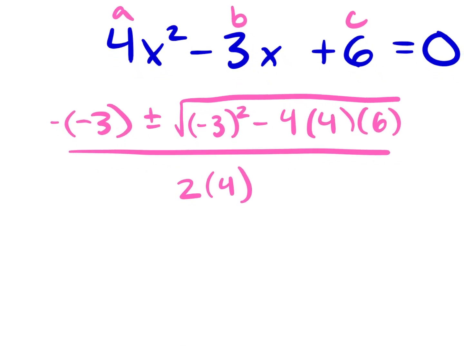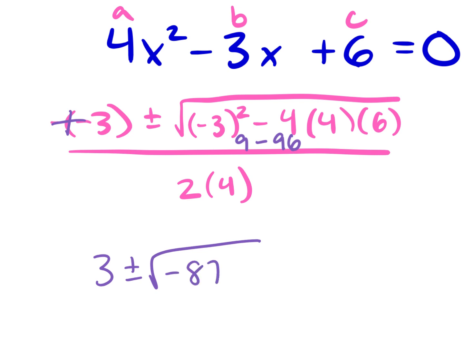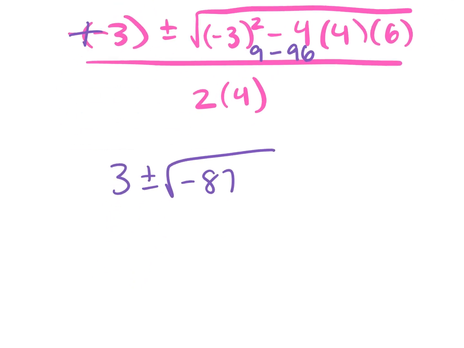So just be careful. So negative 3 turns into a positive 3. Plus or minus. This would be 9 minus 4 times 6. Awesome. So 9 minus 96 would be negative 87. Perfect. Over 8.